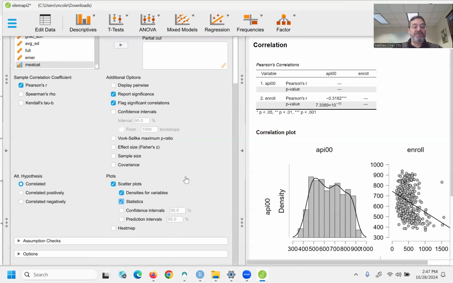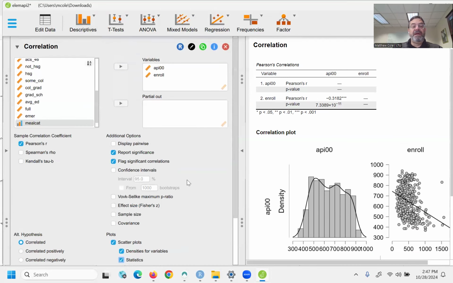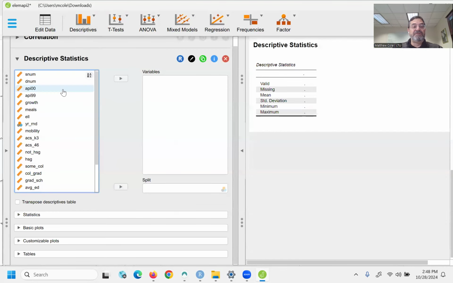Now, one thing I do want to point out is if we go to descriptive statistics, we can do the same thing.